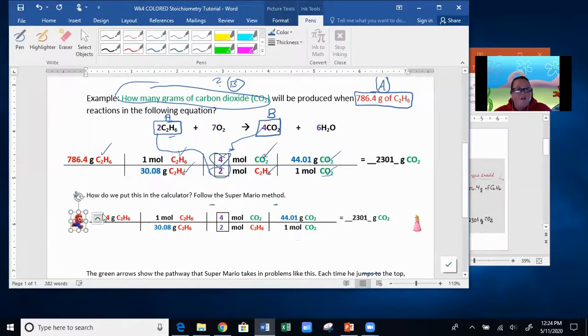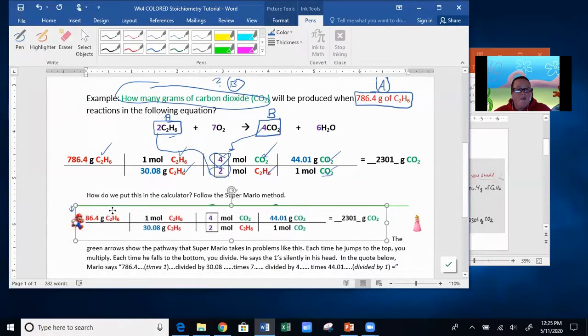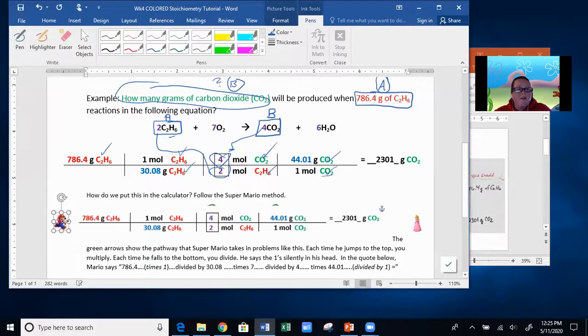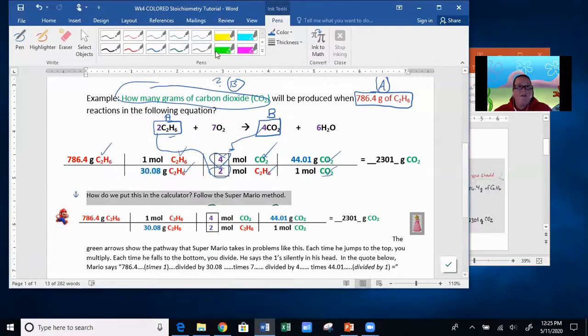So Super Mario does this. And every time he goes from the platform that he starts with to the top of a block, we multiply, and every time he goes down, we divide.